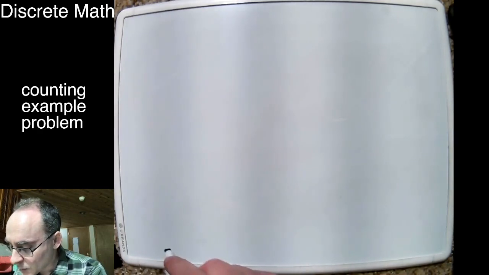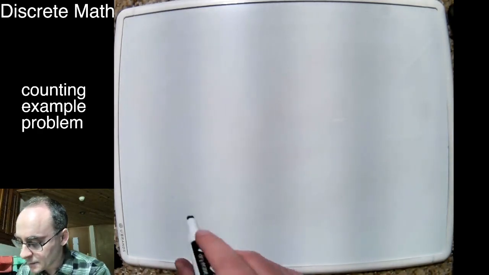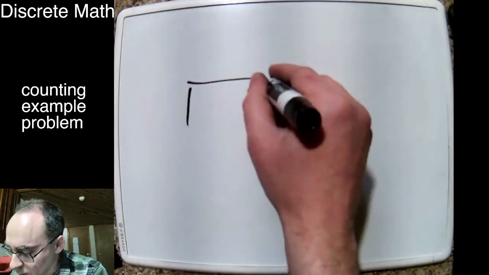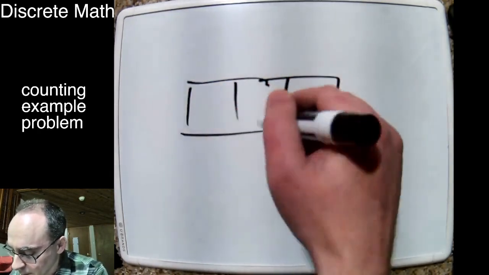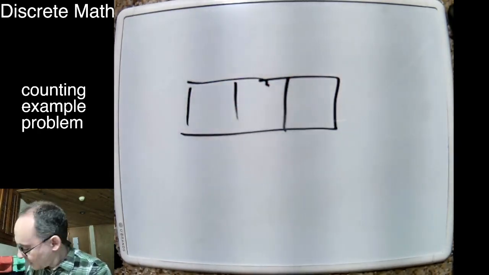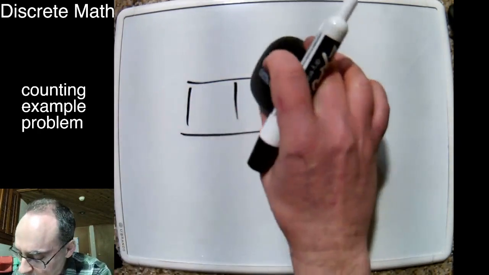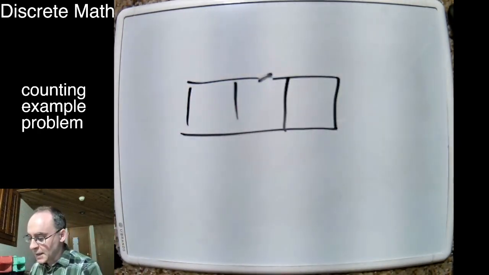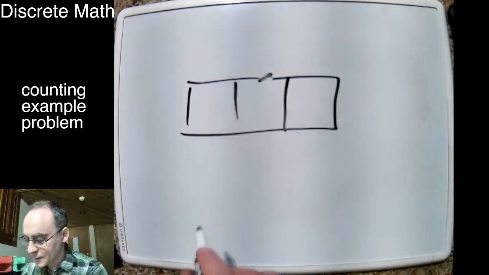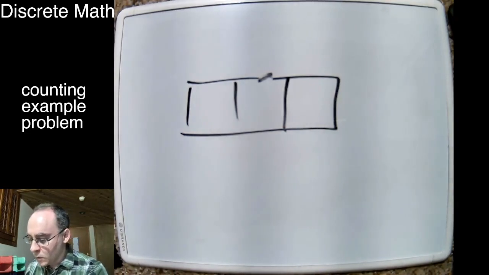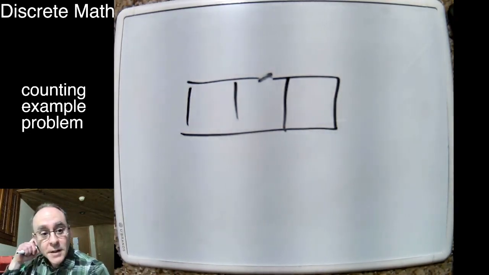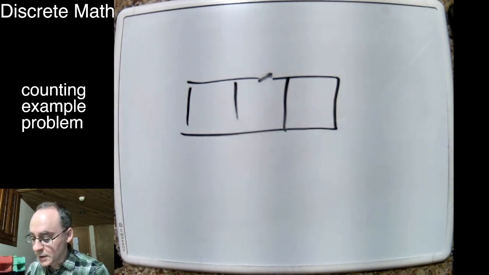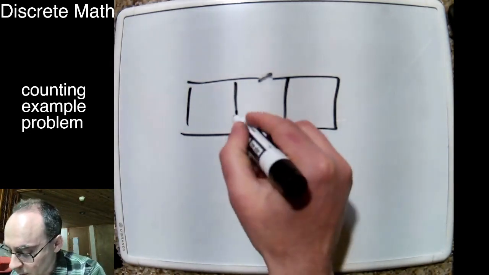So for example, let's think of these 3 boxes. Maybe I'll just draw 3 boxes here. I'm thinking of ways to distribute these 5 letters into these 3 boxes, and I need to have 1 letter in each box. So let's just think of how many different ways there are of doing this.